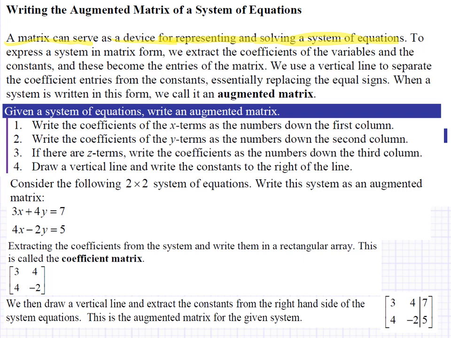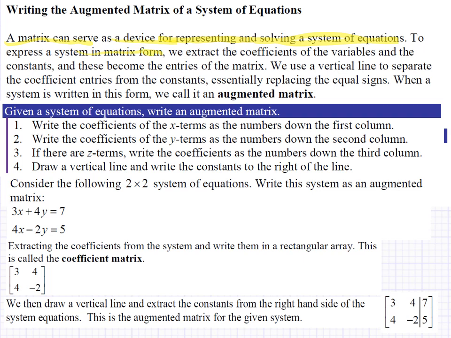And what we're going to do is we're basically going to remove the variable component, write as little as possible as it relates to the variable component, in order to solve the system. If we know that the first component is the x term and the second component is the y term, there's really no reason to write then the variables x and y. So we'll express the system in matrix form.